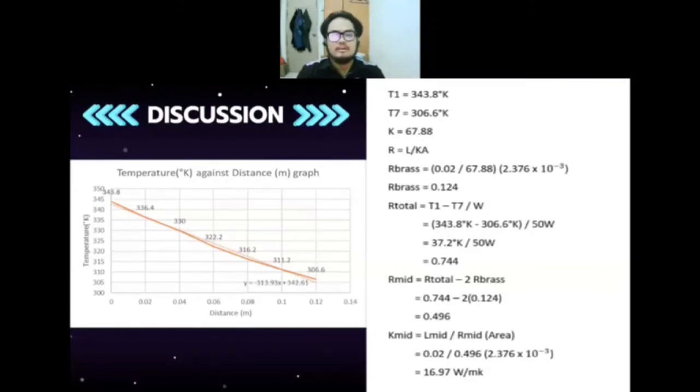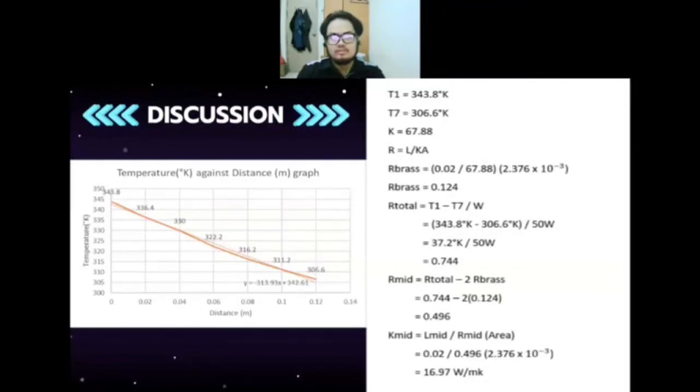The resistance formula is L over K times area. So first we have to calculate the R brass, or resistance for the brass: 0.02 over 67.88 times 2.376 times 10 power of -3, we get R brass 0.124.